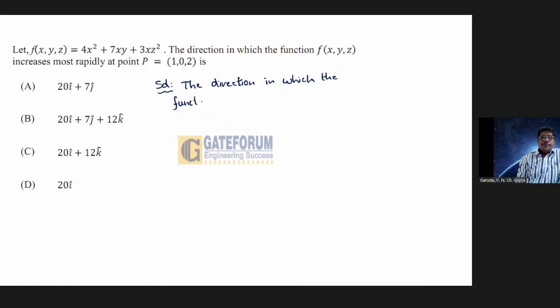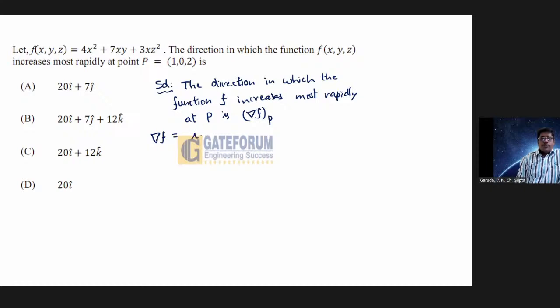The direction in which the function f increases most rapidly at the point P is grad f, del f at the point. Okay. For a three-dimensional function, we know how to calculate del.